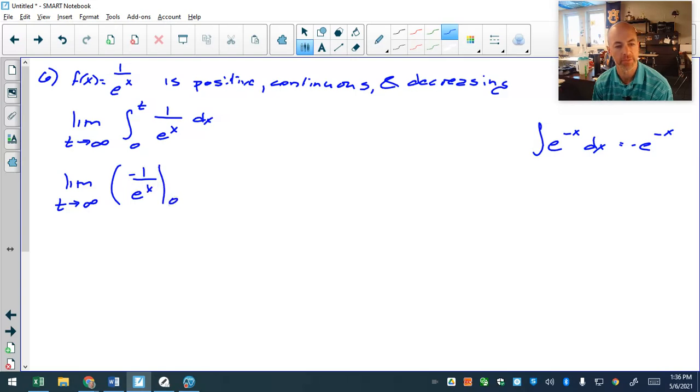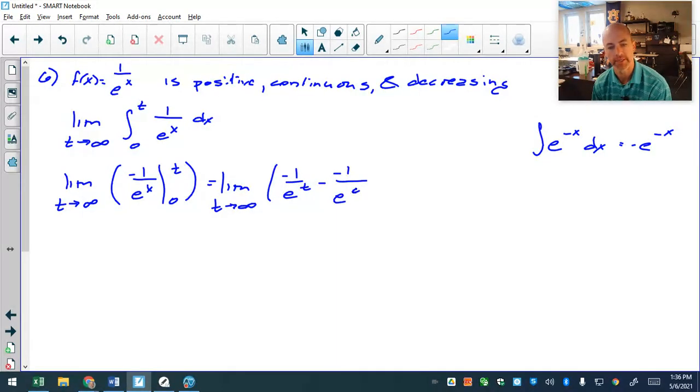We'll evaluate that from 0 to t, which is the limit as t goes to infinity of negative 1 over e to the t minus negative 1 over e to the 0. Negative 1 over e to the t will approach 0 as t gets infinitely large. And so this is equal to 1 over e to the 0, that is equal to 1.